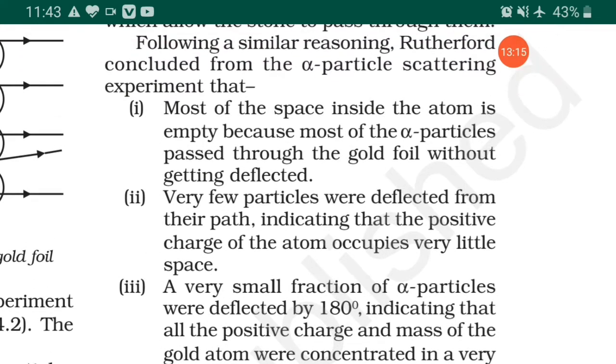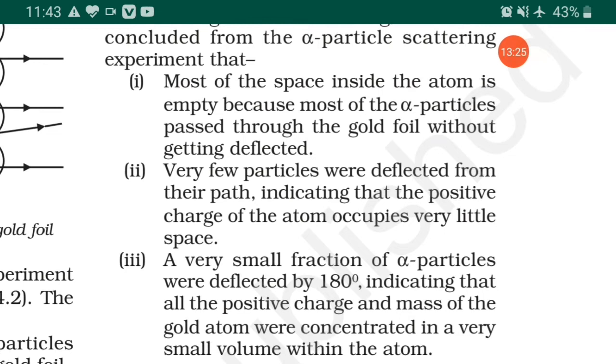It can be asked for 3 marks: write the conclusions from the alpha particle scattering experiment performed by Rutherford. First, most of the space inside the atom is empty, because most of the alpha particles pass through the gold foil without getting deflected.